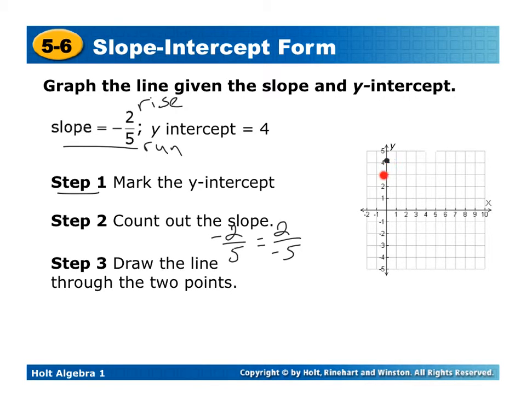I'm going to go down 2, and then I'm going to go +5. 1, 2, 3, 4, 5. So I'm going to graph a new point at 5, 2. And we can do it again. We go down 2, and then over 5.